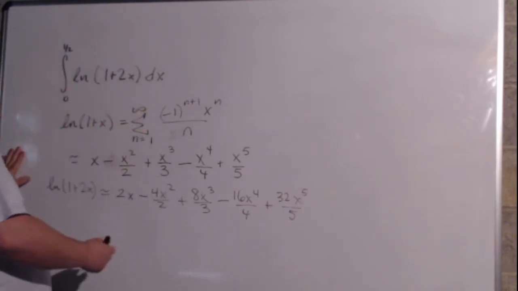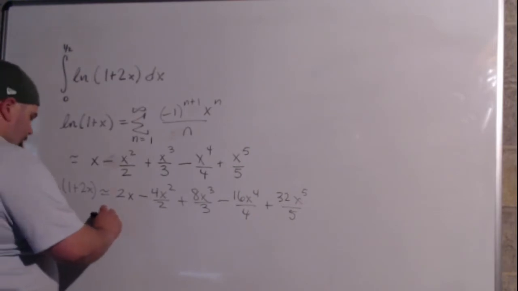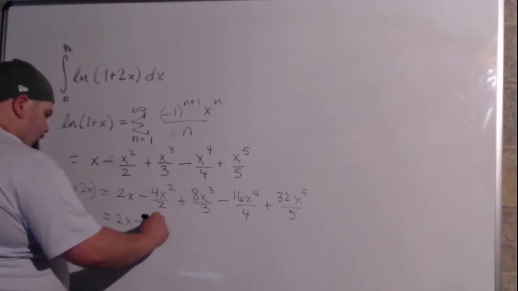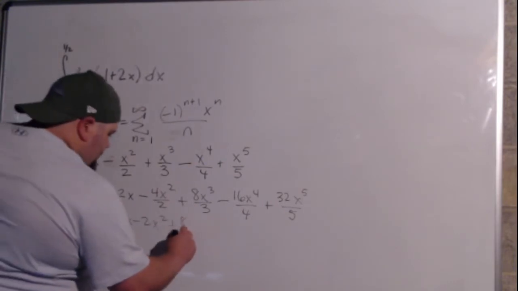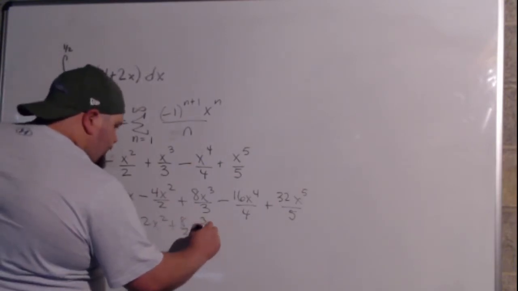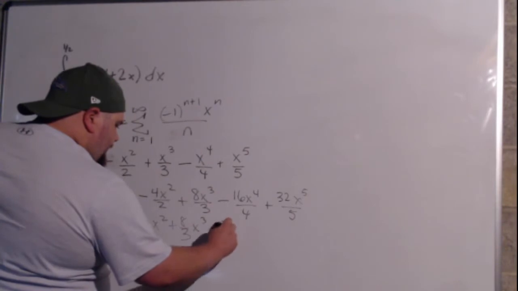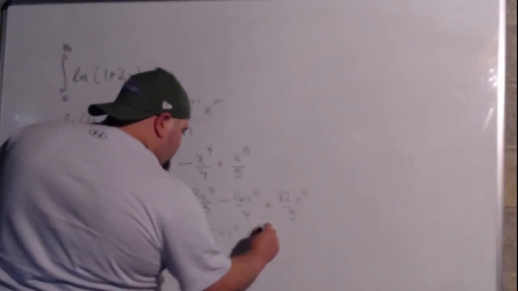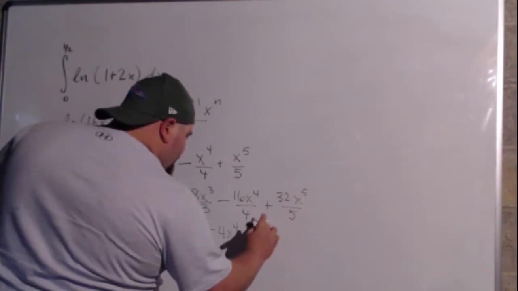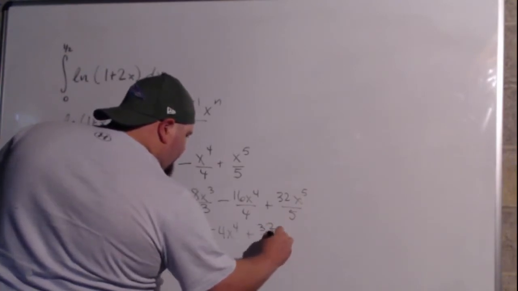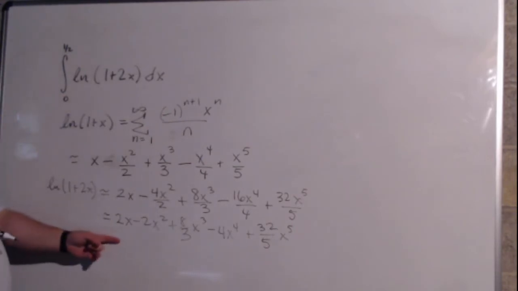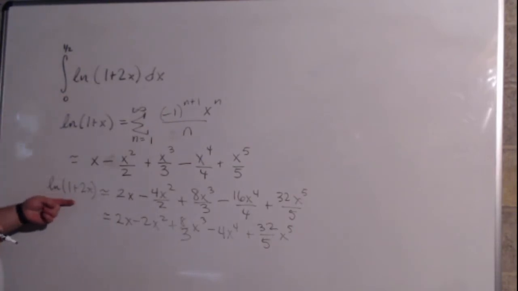And then some of these reduce. So 2x minus 2x squared plus 8 over 3x cubed, minus 4x to the 4th, and plus 32 over 5x to the 5th. So those are the first 5 terms that represent this series.